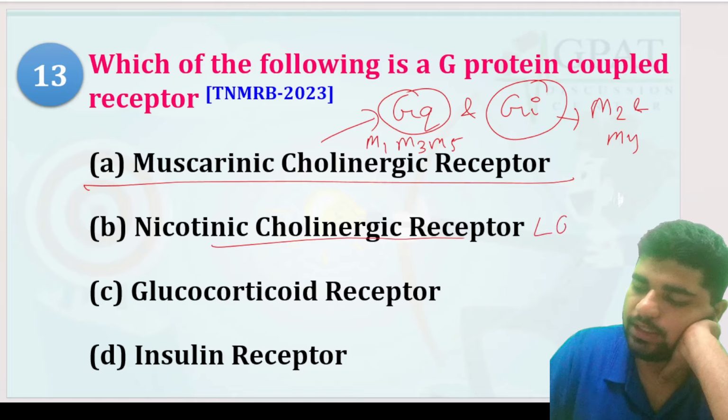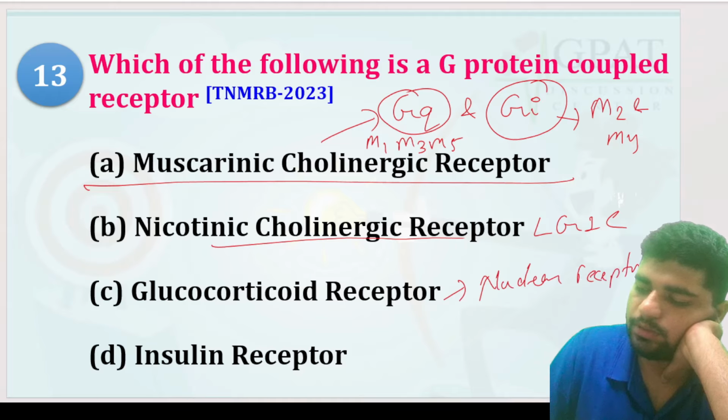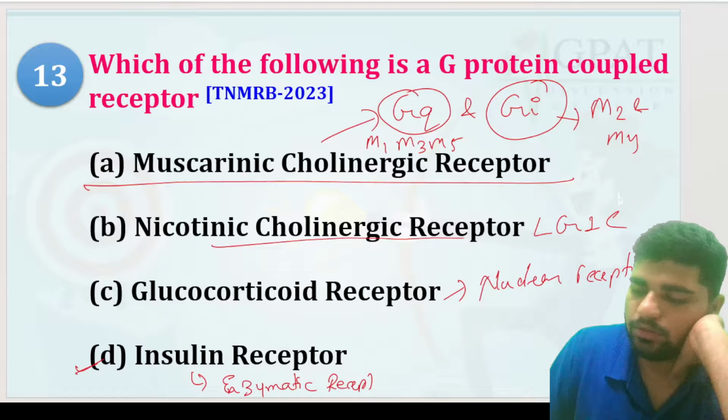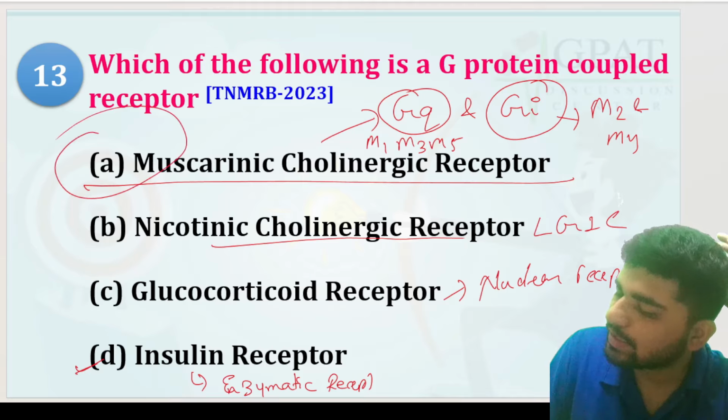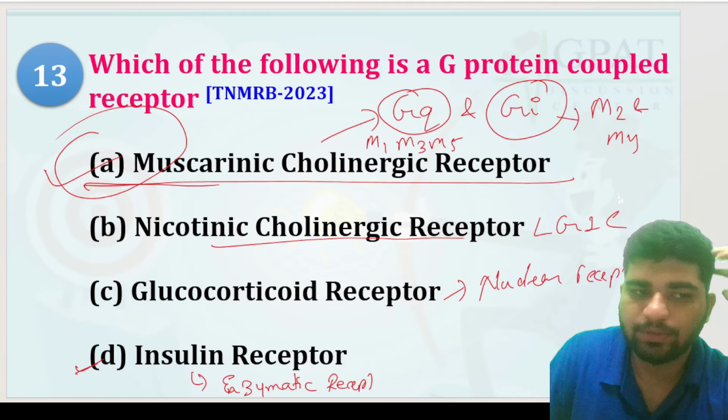Nicotinic receptors are ligand-gated ion channels. Glucocorticoid is a nuclear receptor. Insulin receptor is an enzymatic receptor. So the G protein coupled receptor is the muscarinic cholinergic receptor.